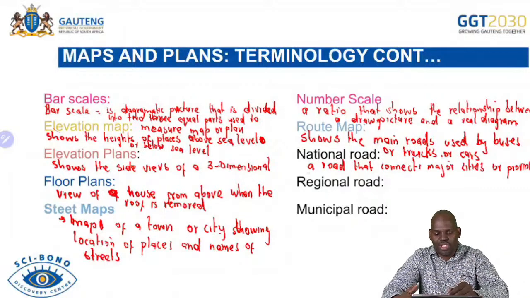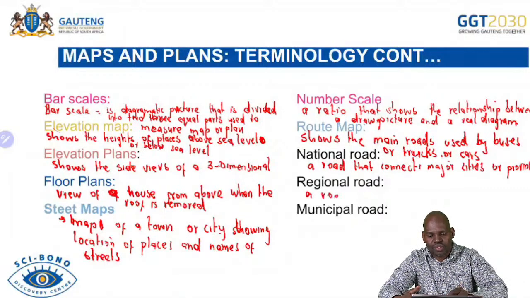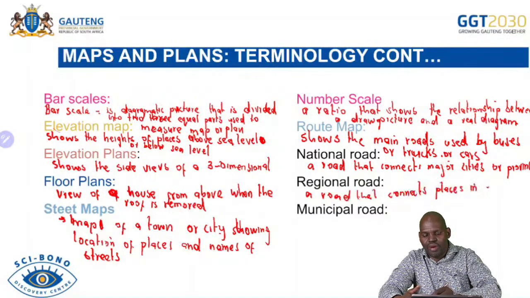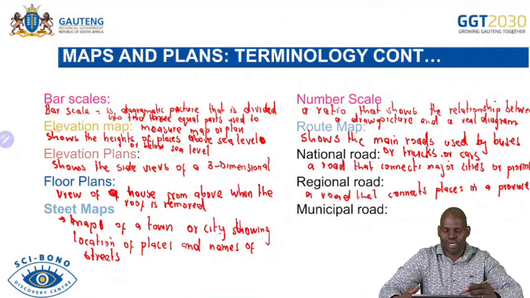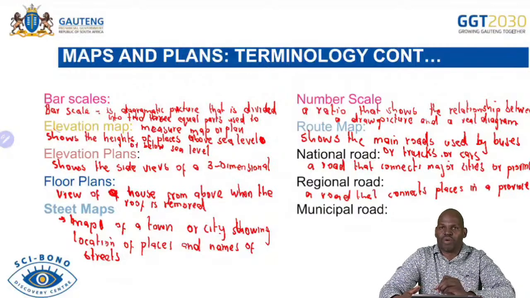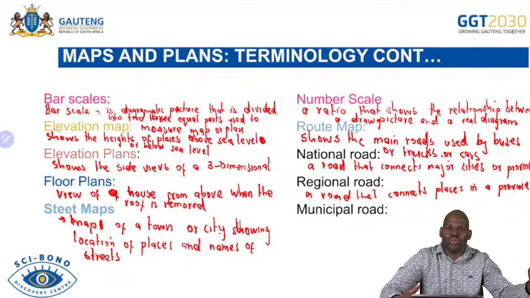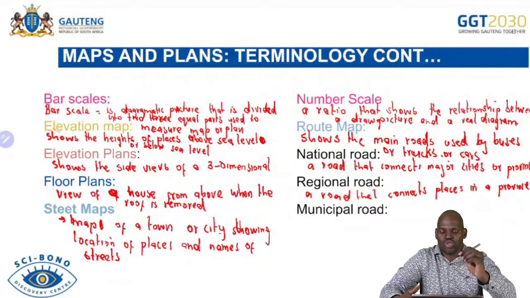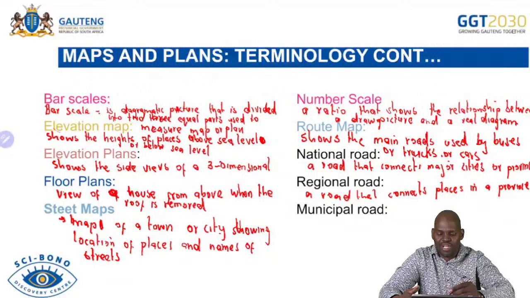So a regional road is a road that connects places in a province, or small towns, from a small town to a small town, or a township and the city, but in the very same province.